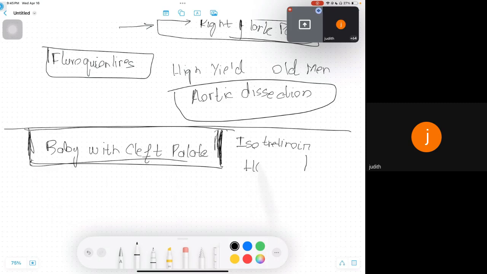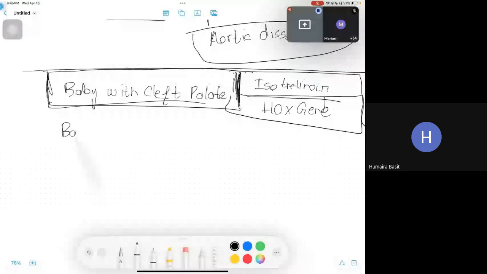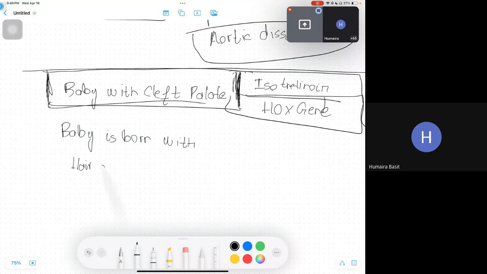It's the Hox gene. We just studied it. So the homeobox gene will lead to this problem. Okay. So now the baby is born with, I would say, hair at the back.